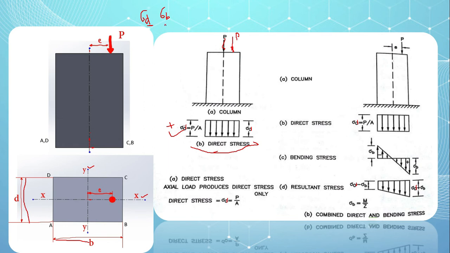Now we will see the bending stresses, sigma b. As this force is eccentric, it will try to bend this column, and due to the application of this force, the column will bend like this. This face CB will compress like this. So here will be compressive stresses, and this face AD will be lifted up.